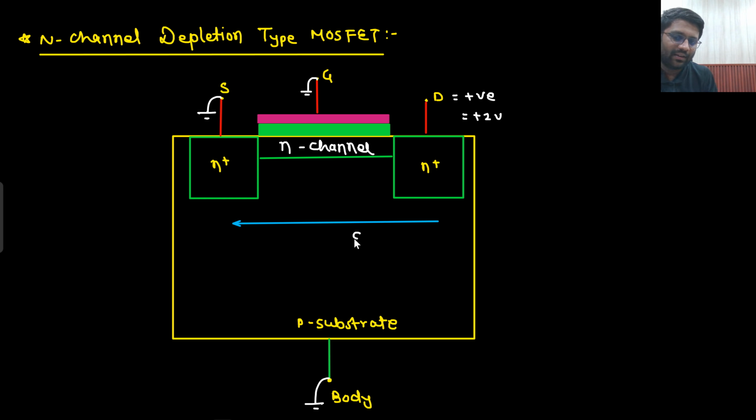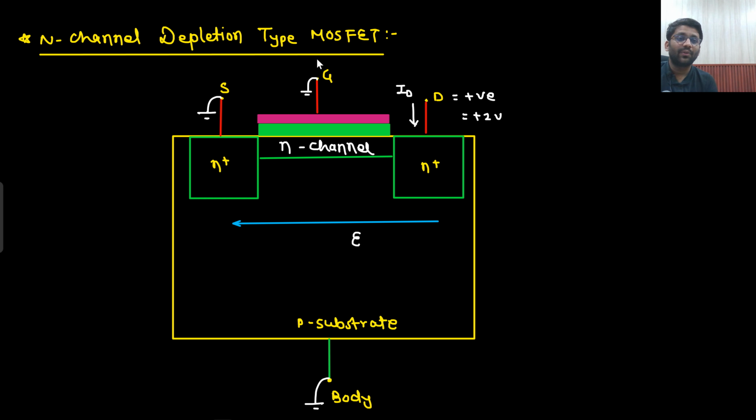This high electric field will pull these electrons, right? And the current would flow. So electrons will be pulled in this direction, current will be flowing in this direction. So even at 0 gate potential, current would flow.